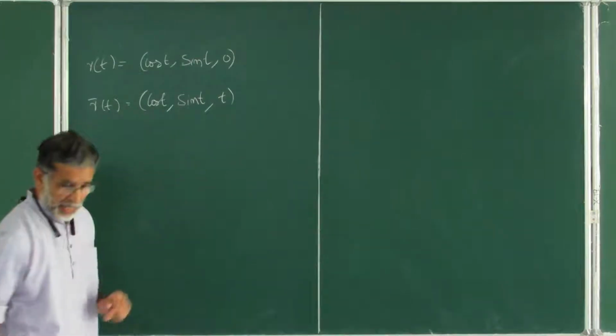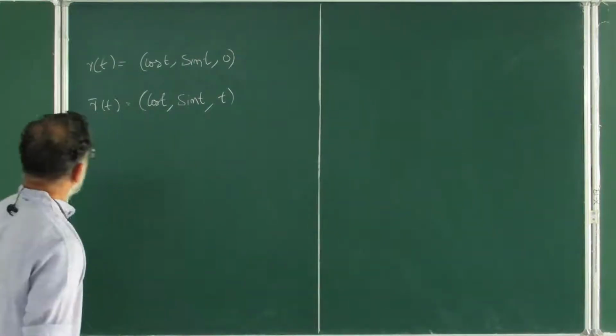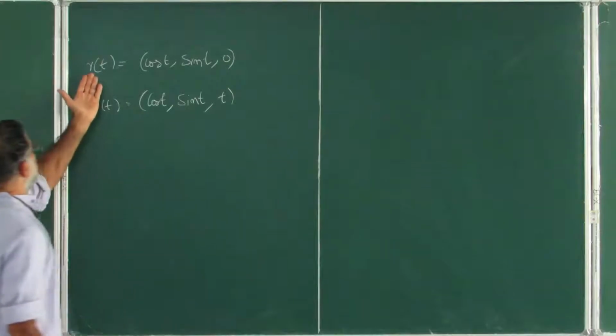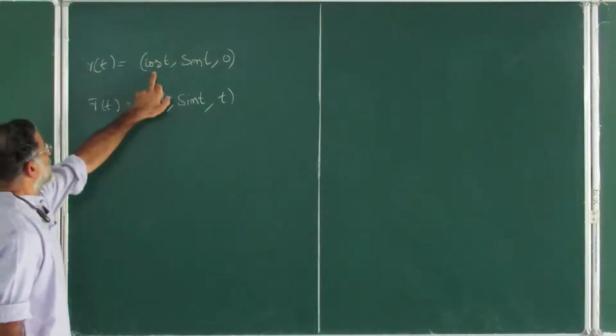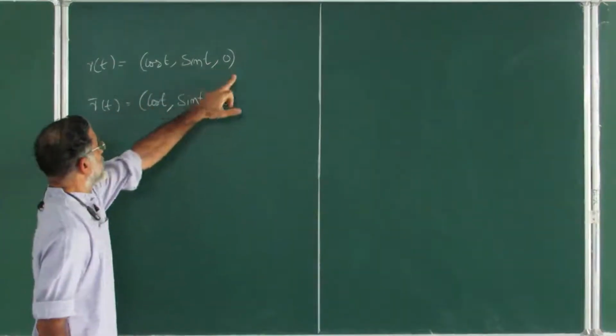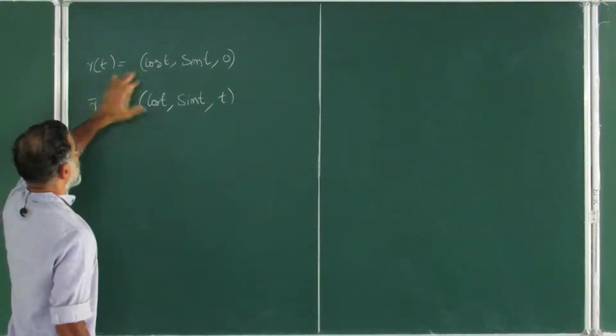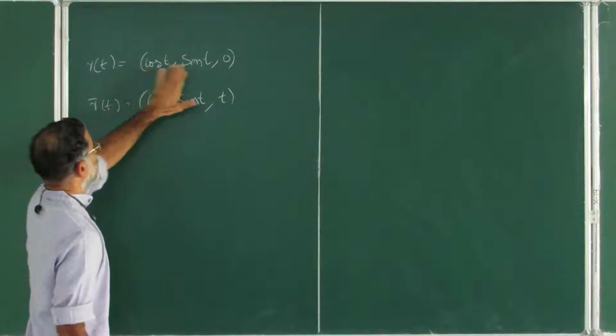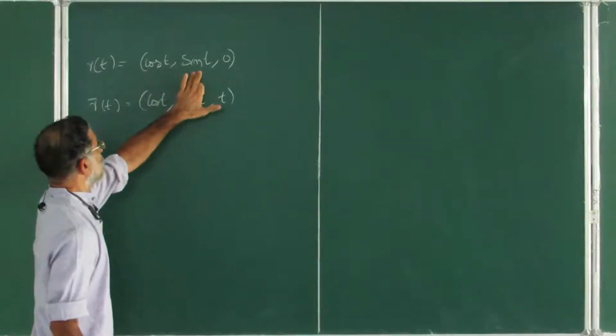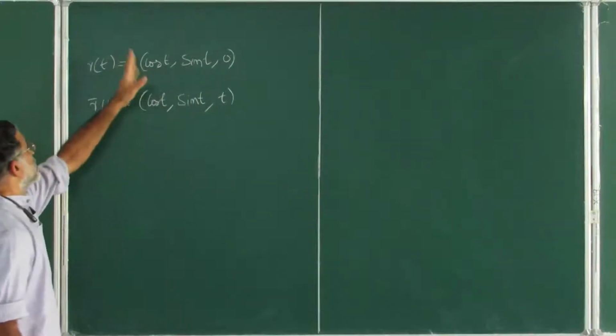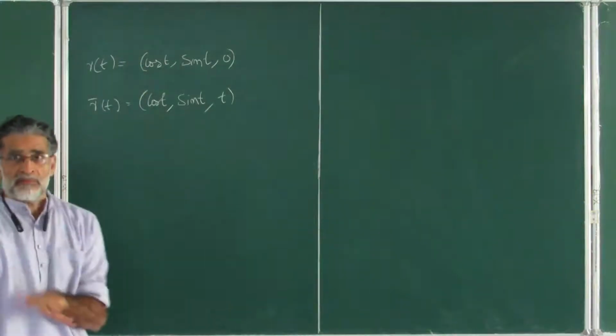Now in the circle, if you look at gamma dot, which is (minus sin t, cos t, 0), and gamma double dot of t, that's going to be (minus cos t, minus sin t, 0). So curvature is the norm of that, namely 1.